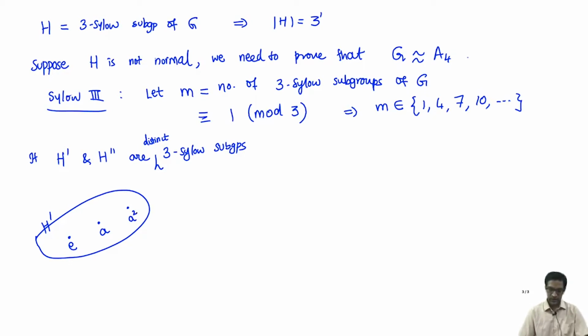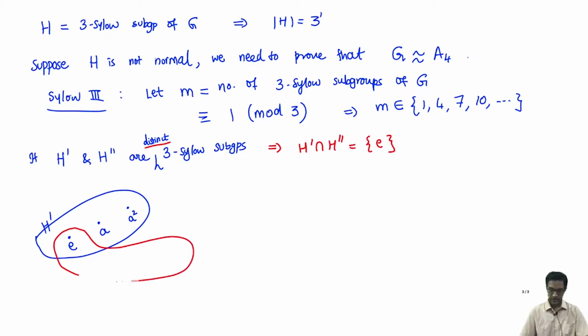Now I take H double prime, which is another such group. The point is that these two subgroups, if they are distinct, automatically means that their intersection has to only be the identity. So H double prime can only look like this, with another B and a B square.